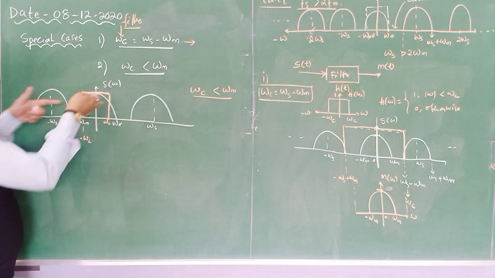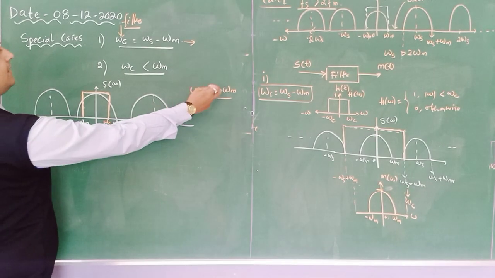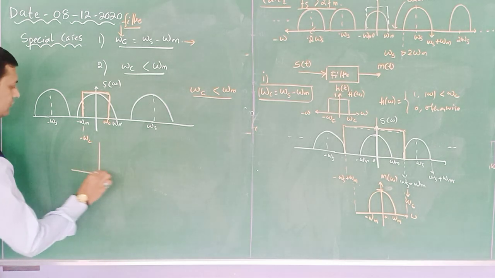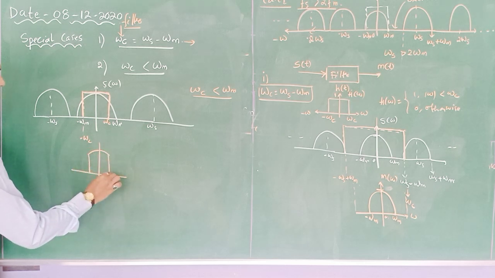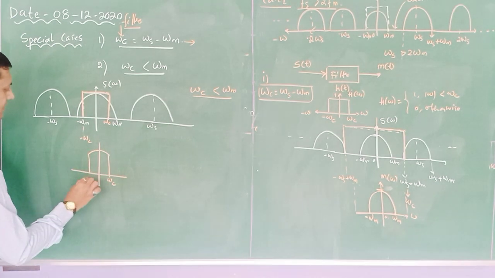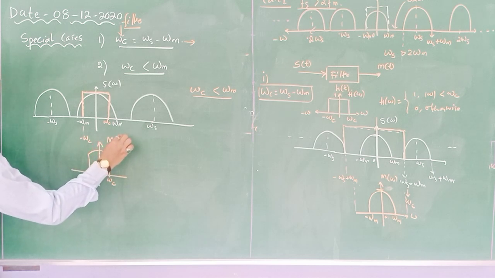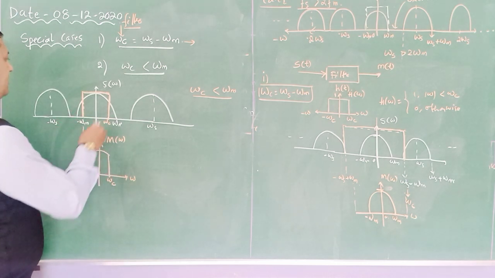So when the sample is entering this particular filter whose response is less than omega m, you are going to lose the information. Only this much information you will identify. That is omega c minus omega m, and this is the m of omega we are extracting. Now the rest of the information we have lost.